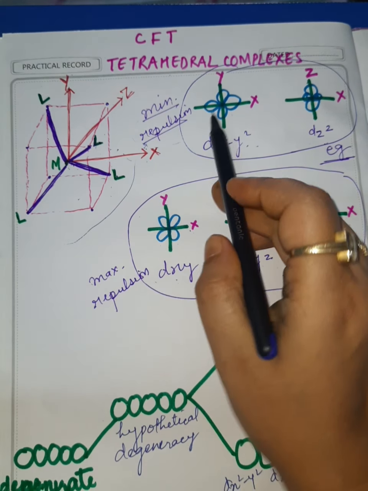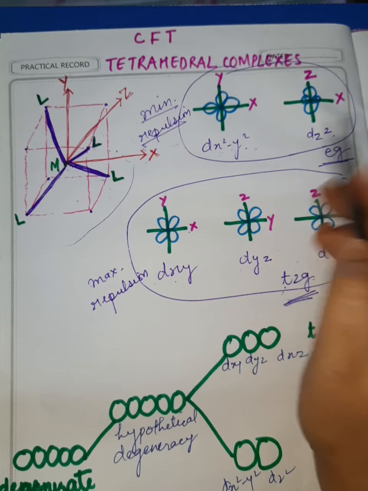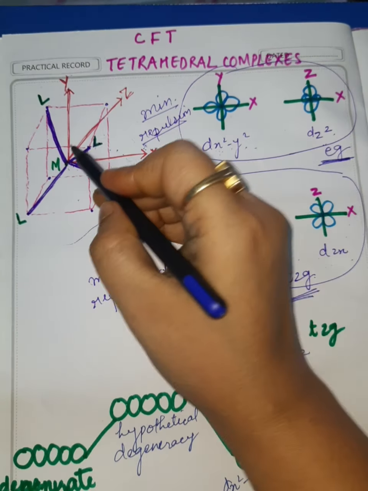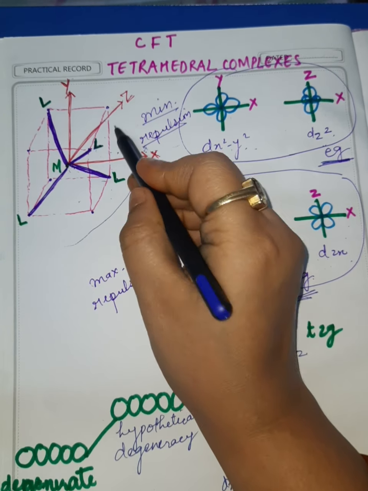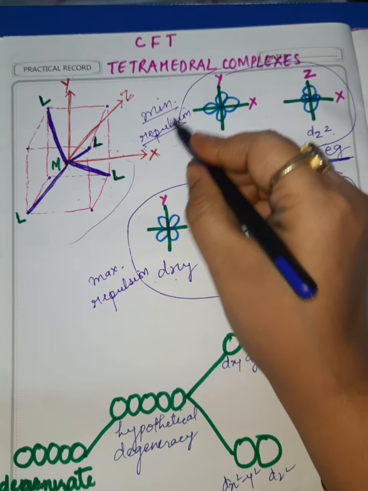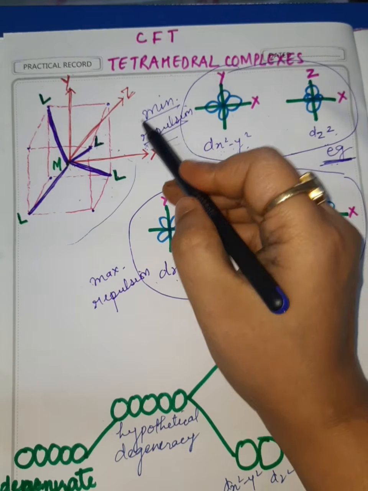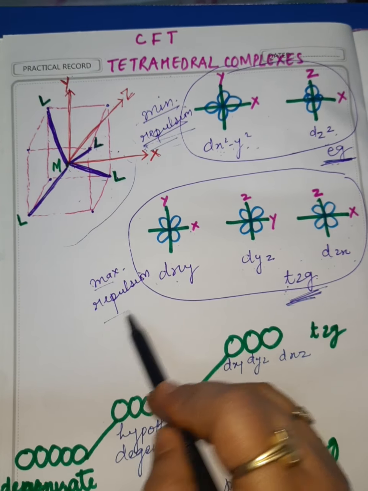Since the dx square minus y square and dz square set of orbitals, which is also known as the EG set of orbitals, have their lobes along the axis, and ligands are not approaching along the axis, they get the minimum repulsion. So remember, in tetrahedral complexes, the EG set gets the minimum repulsion and the T2G set gets the maximum repulsion.